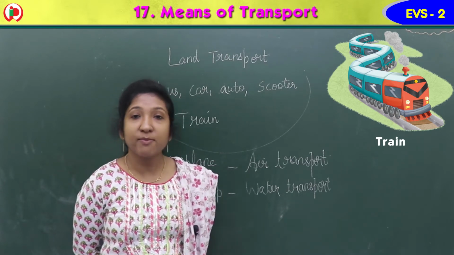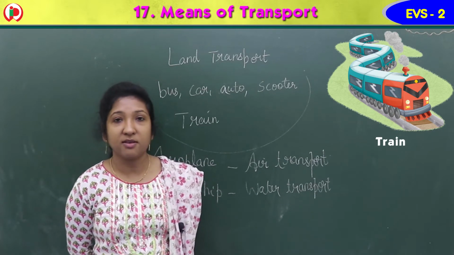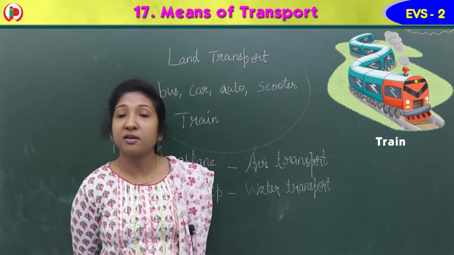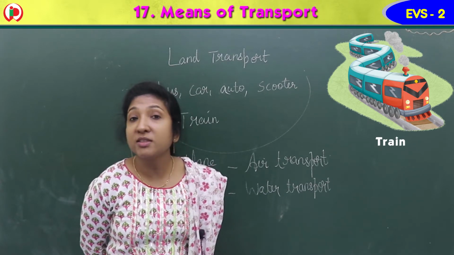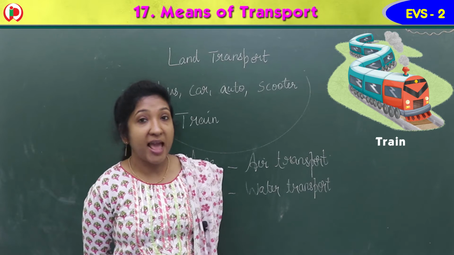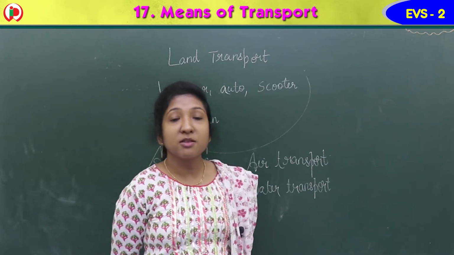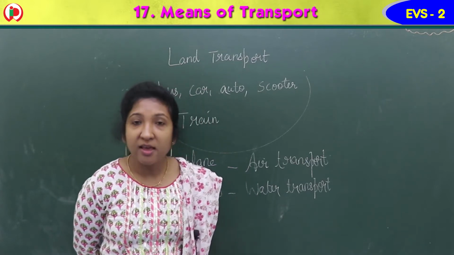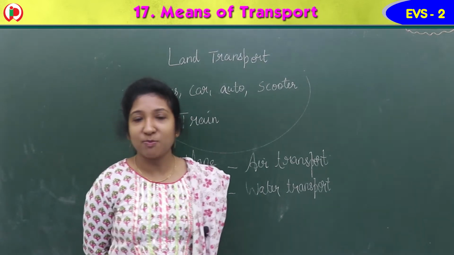So a train helps you go from your place to Bangalore. Depending upon the distance where you want to go, we choose different means of transport. These are the different means of transport, children. So today we are going to learn about the means of transport.